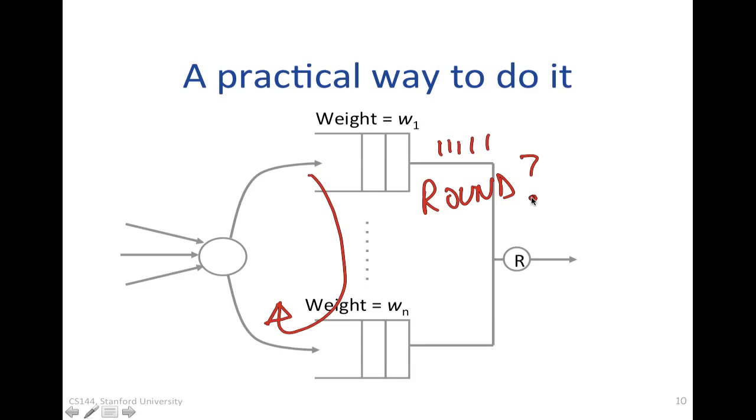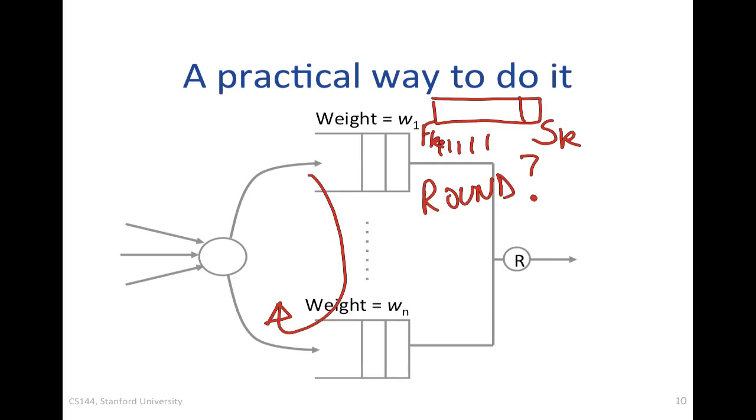Well, I'm going to start by making an observation that will give you a clue as to how we're going to use this. Let's consider a packet here that's waiting to go, and let's consider the round in which it starts, we'll call that S_k, and the round in which it finishes, we'll call that F_k.